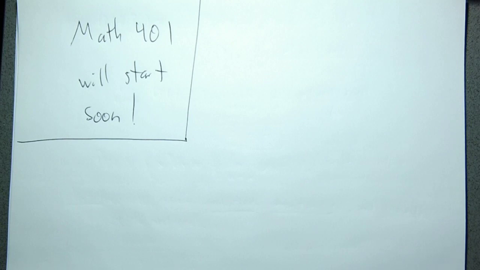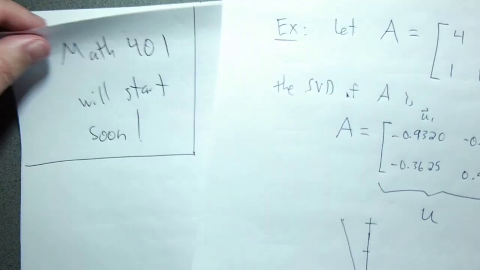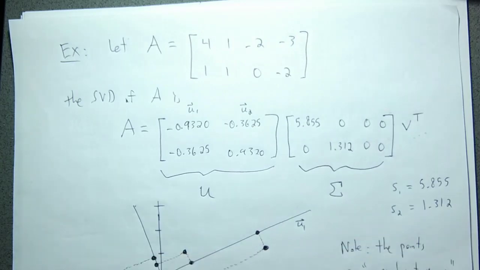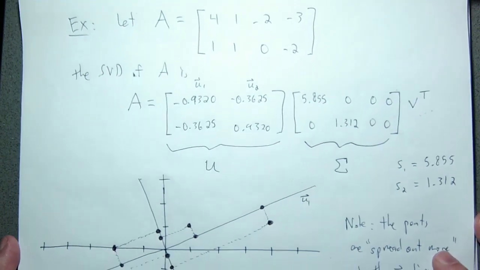Okay, so last time we were going over a particular application of the singular value decomposition of a matrix. The last picture that I had shown was the following. For matrix A, the singular value decomposition we found was as follows.